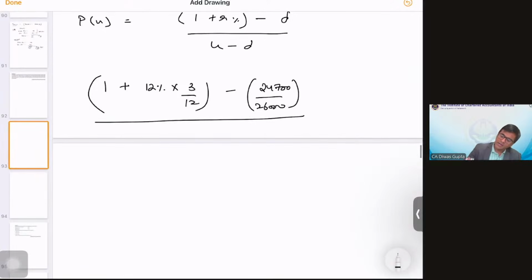Whole divided by 27,300 divided by 26,000 again minus 24,700 divided by 26,000.